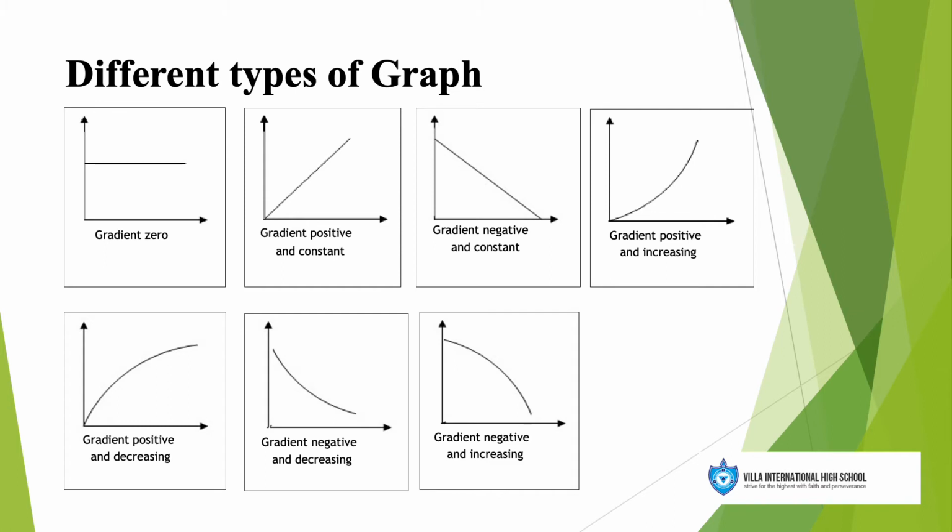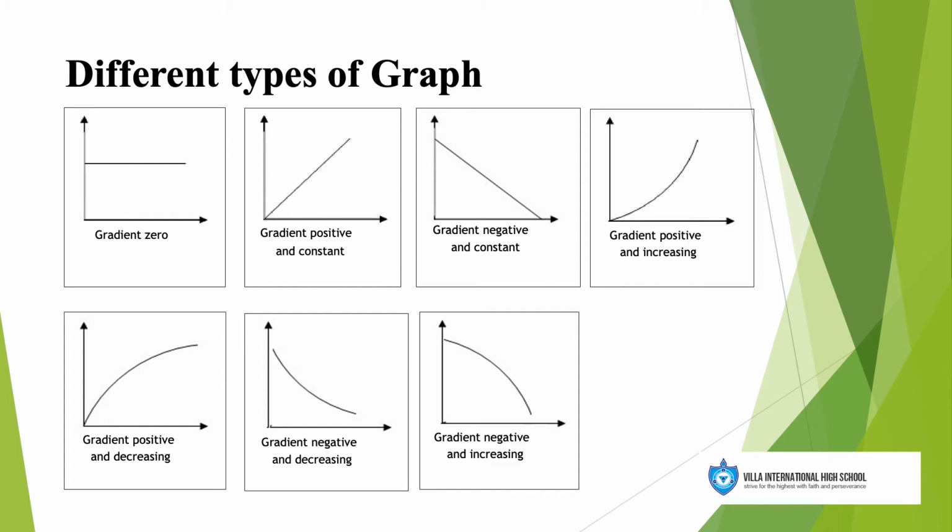So these are the basic things you have to remember before we go to our motion graphs, the displacement time graph and the velocity time graph. We will discuss them later. Now the basic concept you have to remember first is the gradient equation. Gradient represents the steepness.